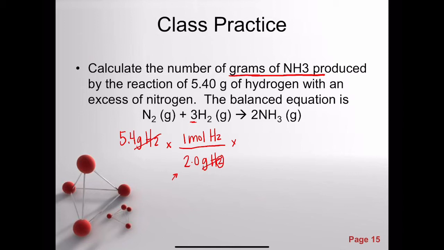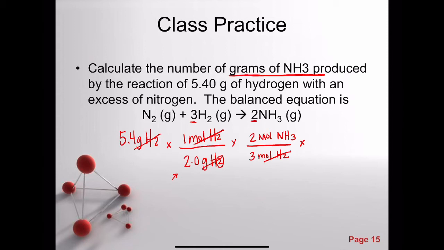But now we have to get from moles of hydrogen to moles of NH3, okay? So we're going to say 3 moles of hydrogen is equal to 2 moles of NH3, okay? That allows us to cross our hydrogen out, and we are over here to NH3, which is what we're trying to get to, okay?